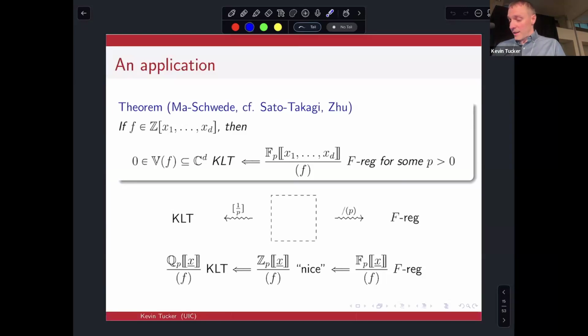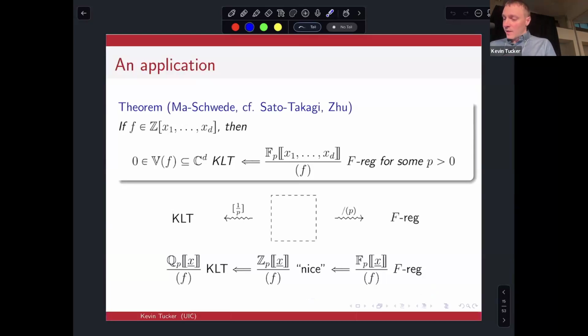So if you put in nice singularities in the box, and nice satisfies those two packages, the reduction mod P being F-regular would deform to give you that Z_(p) X mod F had these nice singularities. Then I could localize to get Q_p X mod F having KLT singularities, and you can then base change or switch from Q_p over to C if you like to get the full statement.